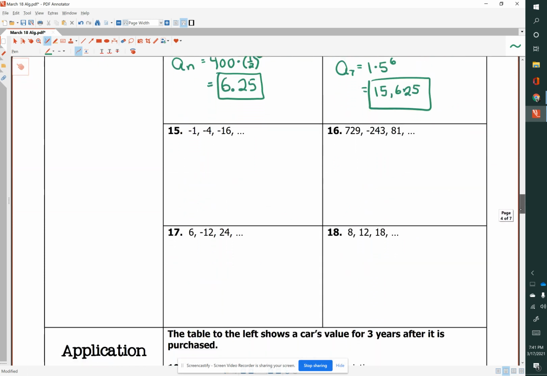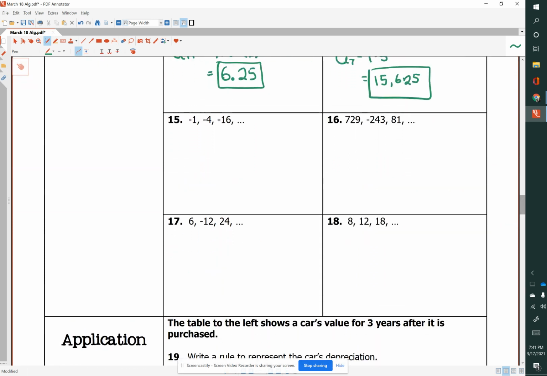Let's go on to 15 and 16. So number 15, we are going from -1 to -4, -4 to -16. So -1 times a +4 is -4. -4 times a +4 is -16. So our common ratio here is +4.